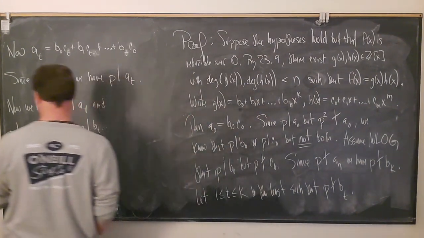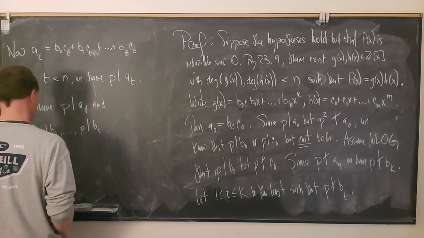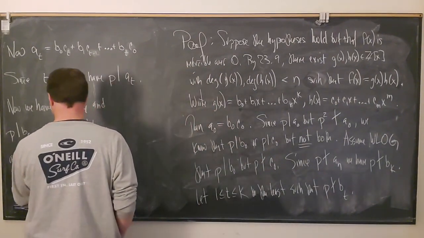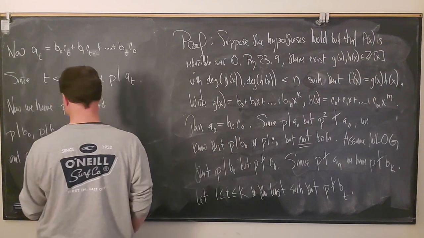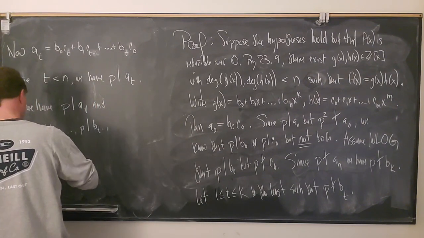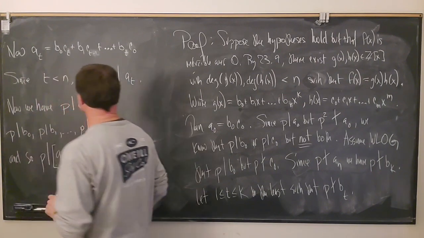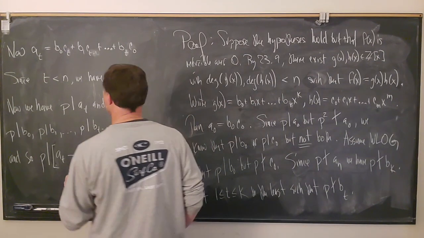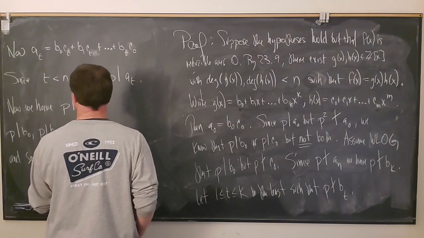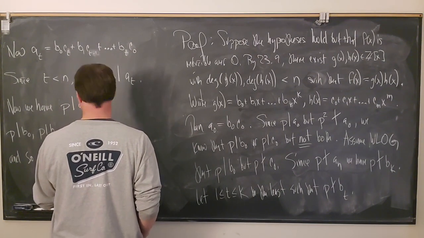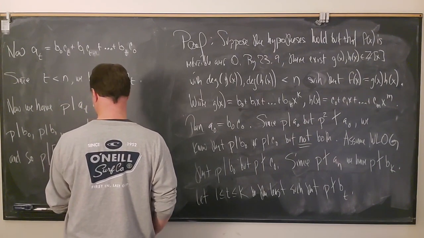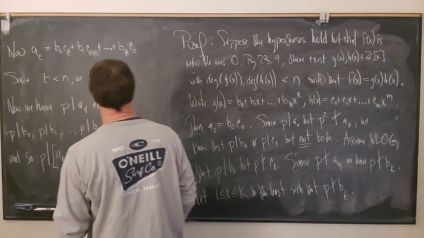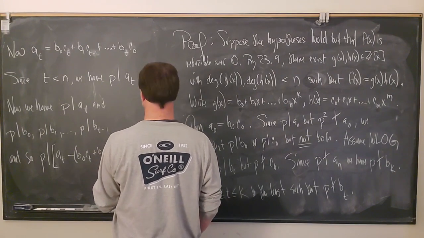And so p divides the quantity a sub t minus, in parentheses, b0 c sub t plus b1 c sub t minus 1 plus dot dot dot down to b sub t minus 1 c sub 1.